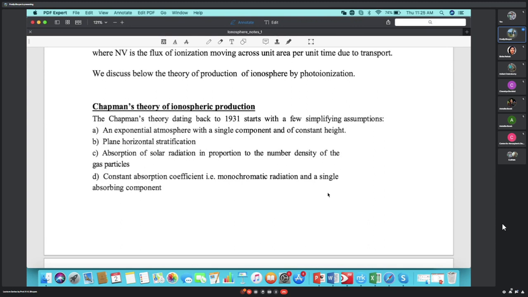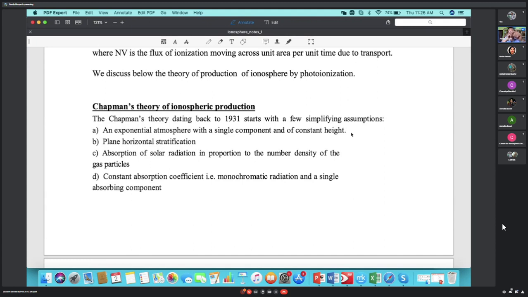What did he assume? First was an exponential atmosphere with a single component and of constant height. He assumed that the ionosphere is exponential. Here we have written atmosphere, but it is basically what concerns the ionosphere or ionization.